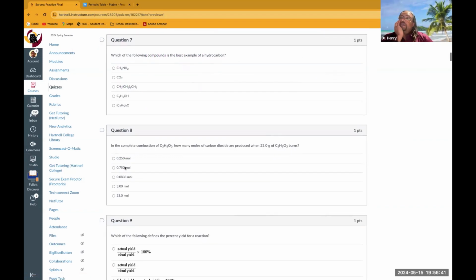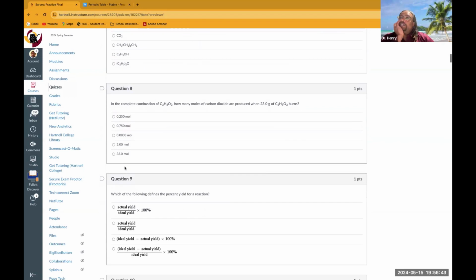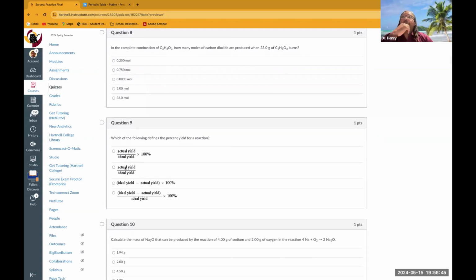Okay, so the next question says, in the complete combustion of C3H8O3, how many moles of carbon dioxide are produced when 23.0 grams of C3H8O3 burns?